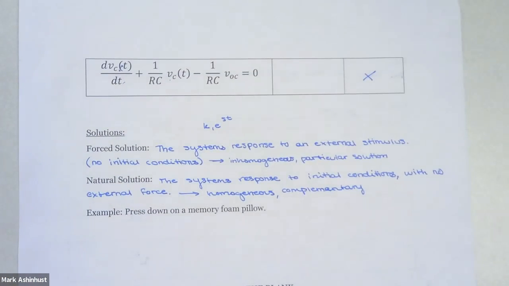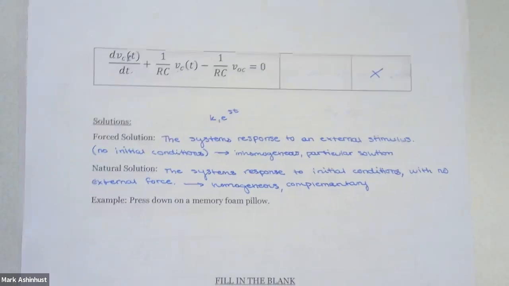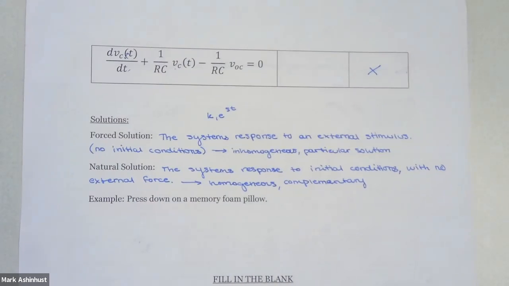If you're seeing it for the first time or again, it's a little daunting to just see those two definitions. The best way I've seen it is the example, and I was thinking through examples, and I thought this was a really good one. If you've ever seen a memory foam pillow, and you push into it and it sticks, it stays in there.